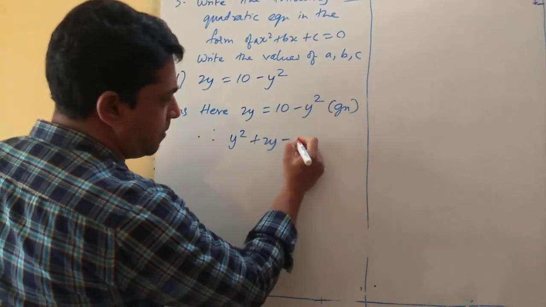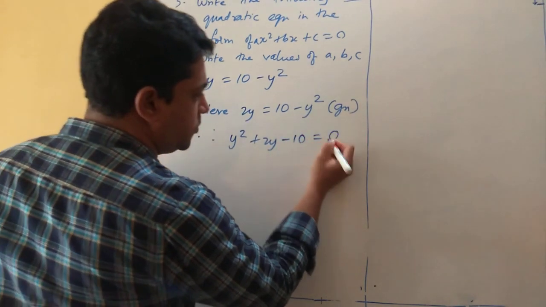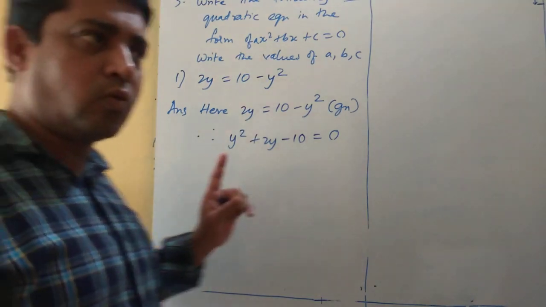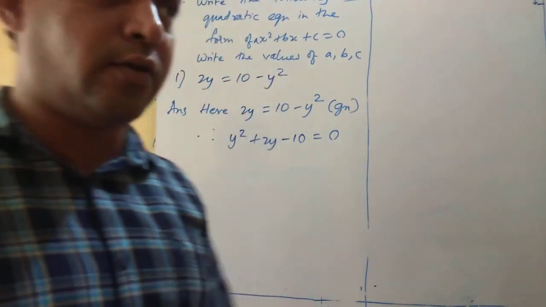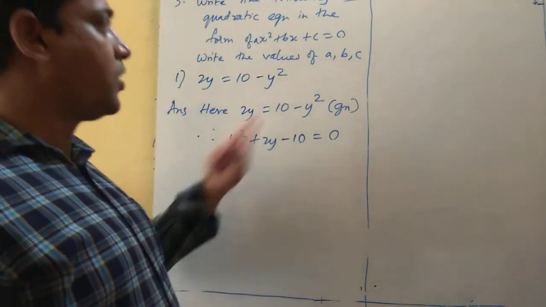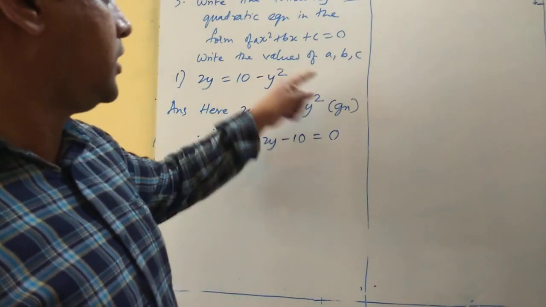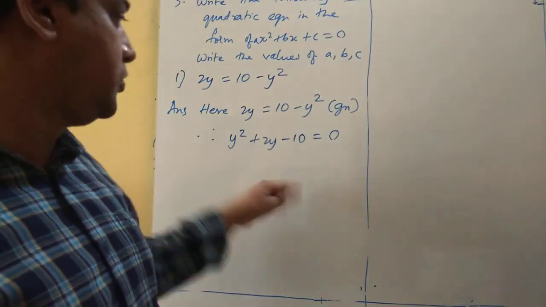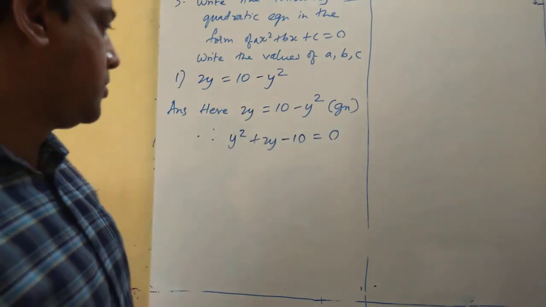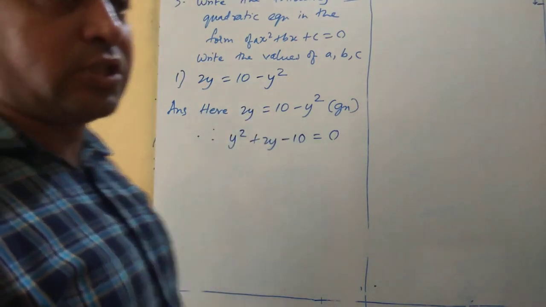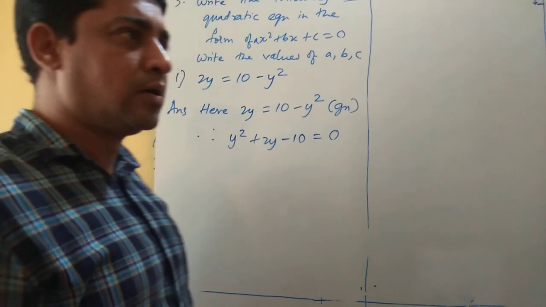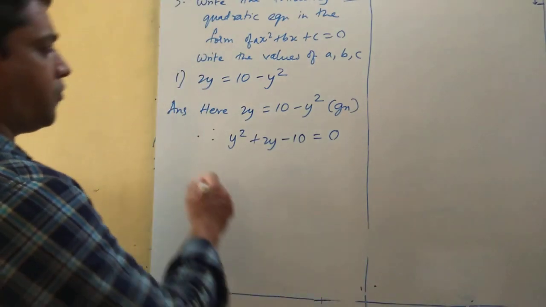Again you know that rule, minus 10 is equal to 0. So we have arranged this in the standard form. Now you can write the coefficient. Okay, a, b, c are nothing but the coefficient of the given term. So here we have the first term, we don't have any number. That means value of a.